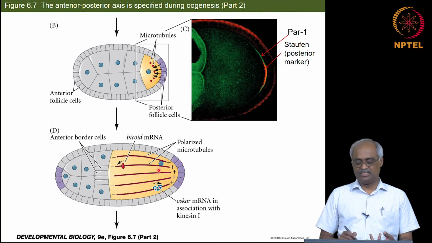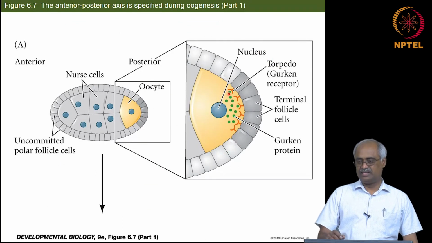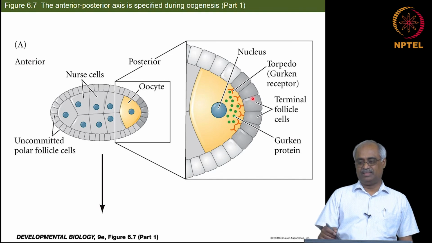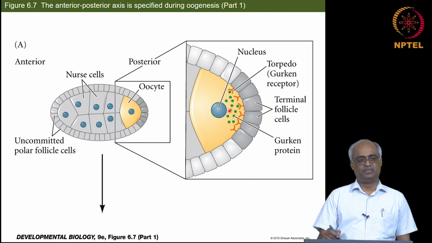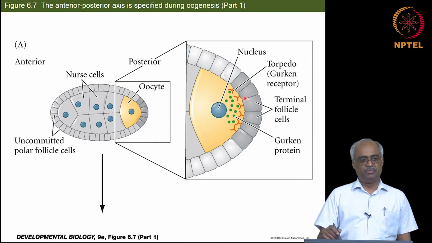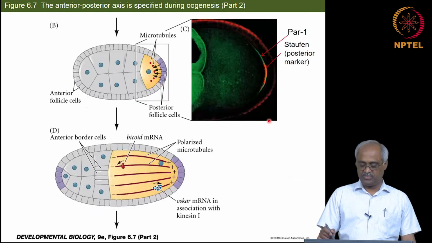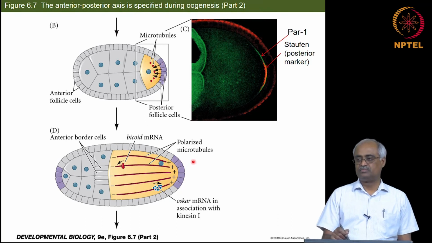Okay, so, it all starts with gurken being translated between this nucleus and the posterior cytoplasm, let us say, because you already start asymmetry because of the gurken translation, and this gurken signals the follicle cells, as a result they become terminal follicle cells, and only these terminal follicle cells produce the signal that organizes these microtubules. Okay.